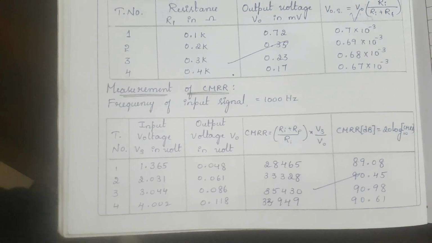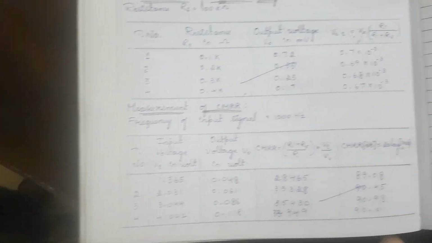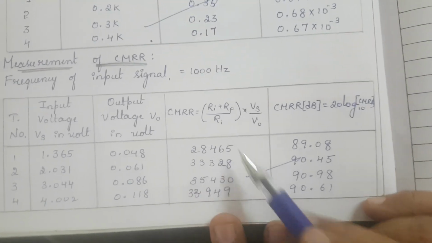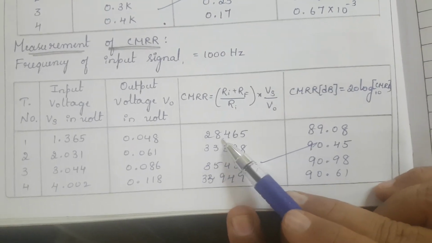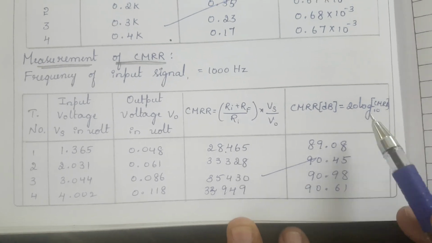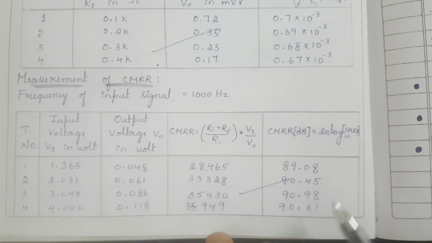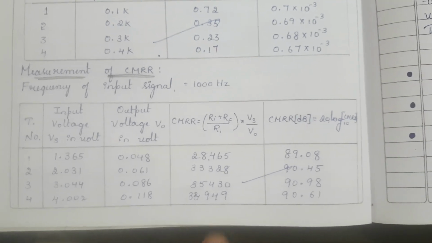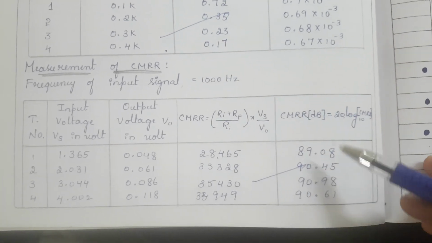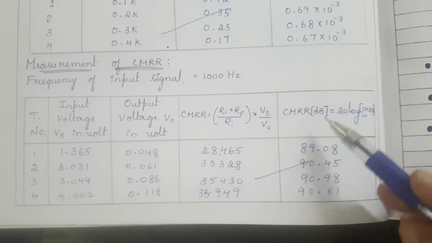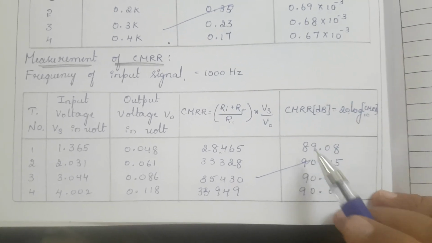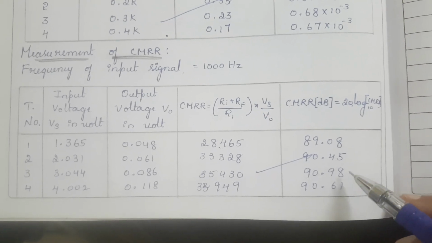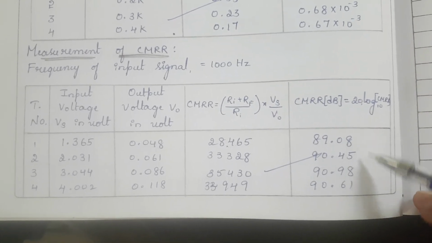If you convert this into decibels, take the log to the base 10 of this and multiply by 20, I get the same CMRR in terms of decibels. So here we have the CMRR, the ability to reject, approximately 89.08, 90.45, 90.9, and so on. So this is the CMRR.